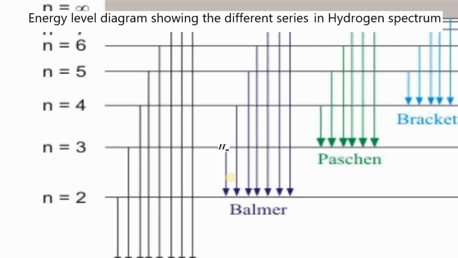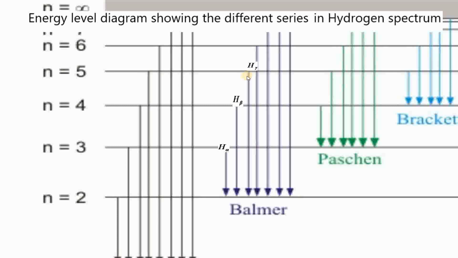The second line is due to the electronic transition from n equal to 4 to n equal to 2, and this line is called the H beta line. The third line is due to the electronic transition from n equal to 5 to n equal to 2, and this line is called the H gamma line.